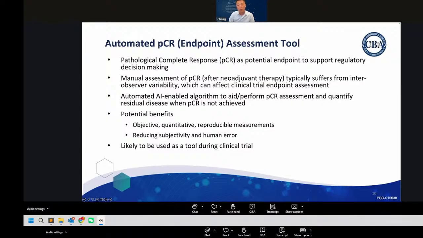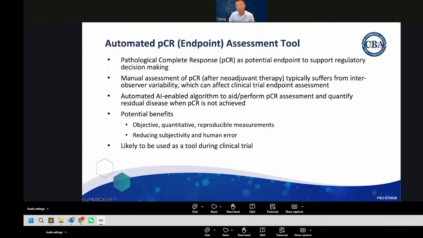But with the traditional method, the pathologist reviews the H&E slides, which is inherently subjective, and there is a great level of inter-observer variability. That can shift endpoint status, especially in large multi-center trials, and that shift can potentially skew the data.